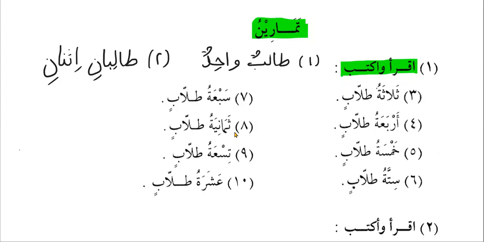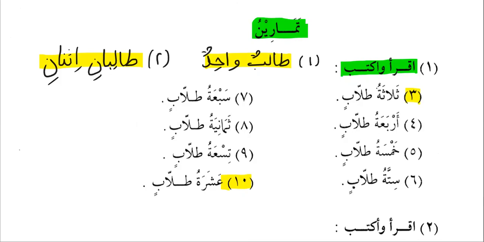جيد. So in previous lessons we've done طالب واحد, so this would be singular. And then previously we've done the dual, which is muthanna, طالبان إثنان. And then when we go from 3 to 10, the rule changes.